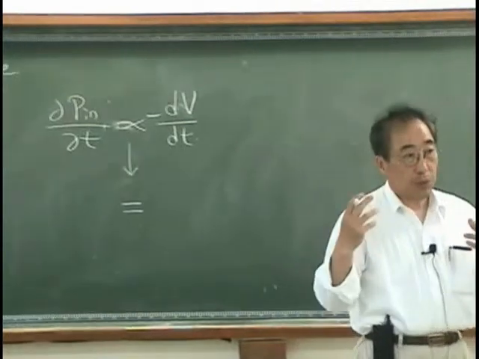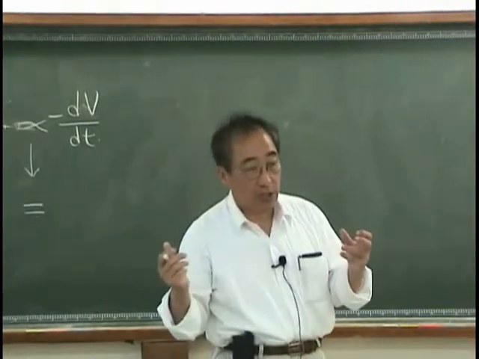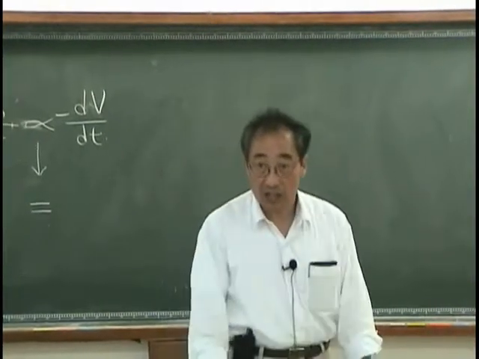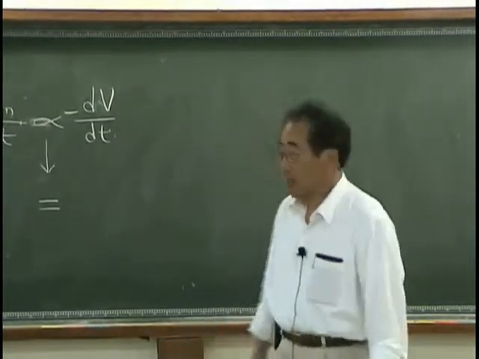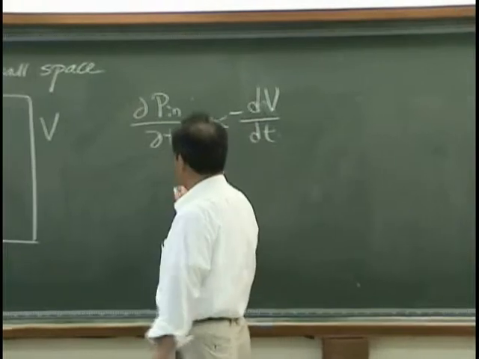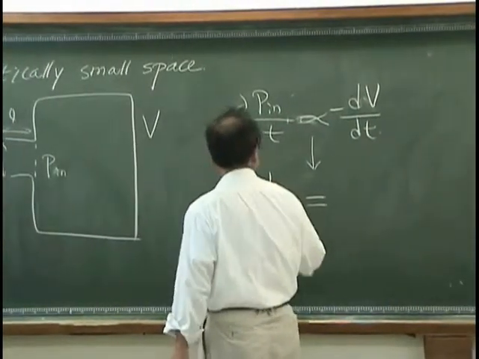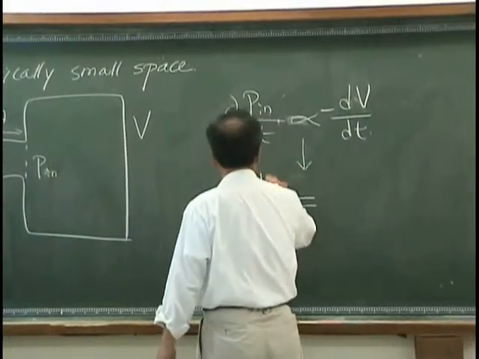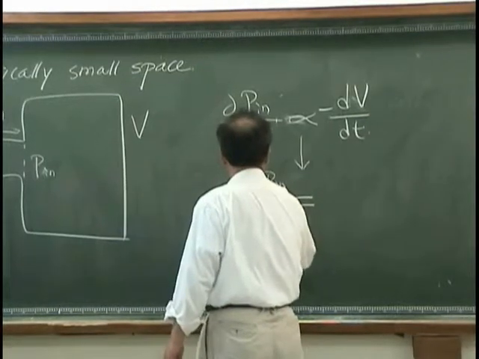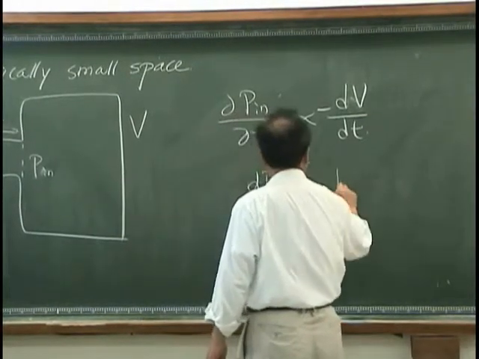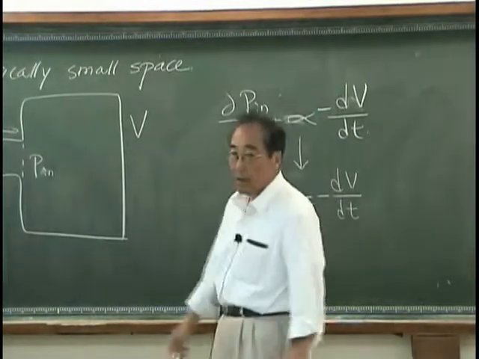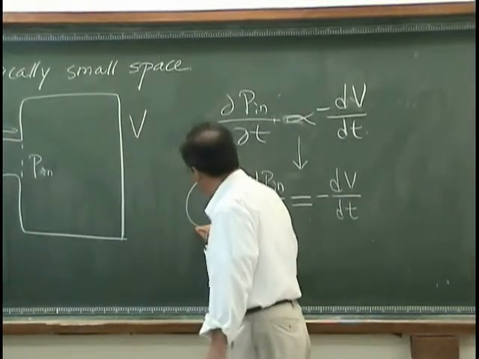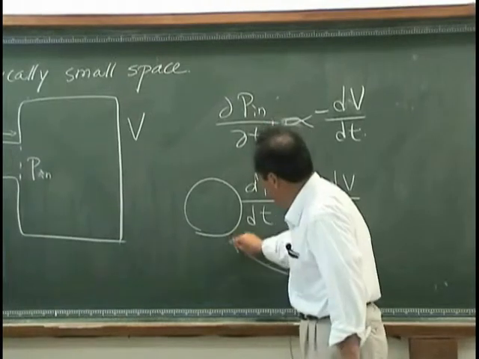To convert proportionality to equality, I need some constant that we call a proportional constant. And that has to be something, but what should it be?